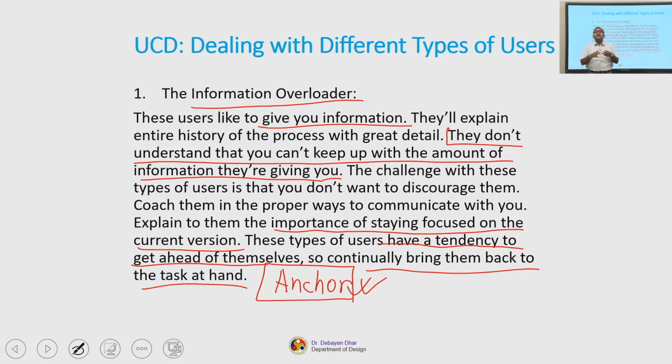Second, they run fast while they provide you information. These two issues influence working with them, and therefore, you need to understand how to anchor the discussion to a particular topic, to a particular issue, politely, in order to ensure that they do not get discouraged.